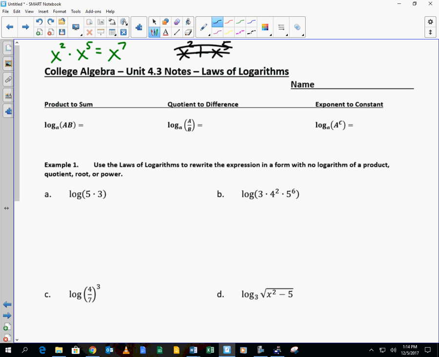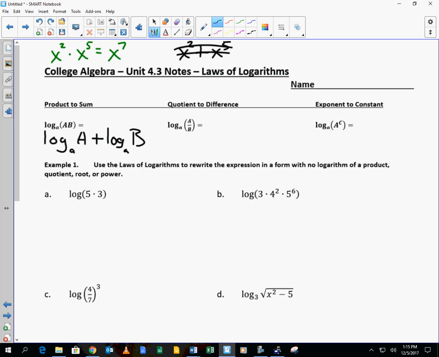That helps us to understand this property of logarithms. Notice we can take log base a of a times b and rewrite it as log base a of a plus log base a of b. And the idea is that these are exponents. Logarithms solve for exponents.